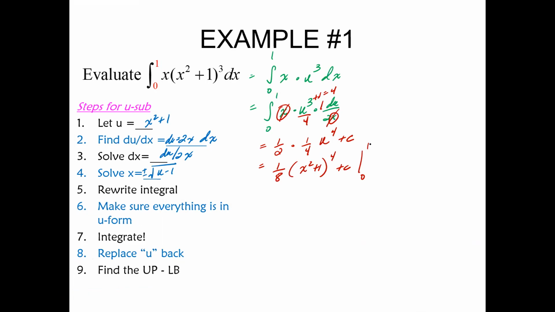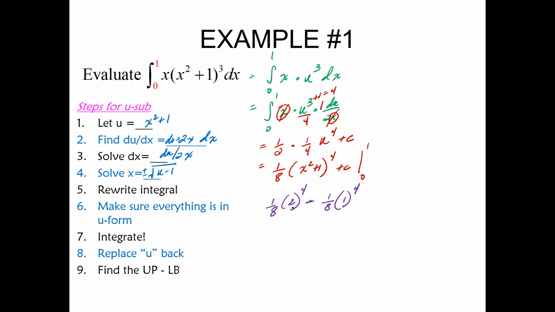So let's go ahead and do that. Your upper bound is going to have a 1, so I have 1 over 8. 1 squared is just 1. 1 plus 1 is 2. 2 to the 4th power minus, make sure you plug in the lower bound. So we have 1 over 8. 0 plus 1 is 1. 1 to the 4th power.